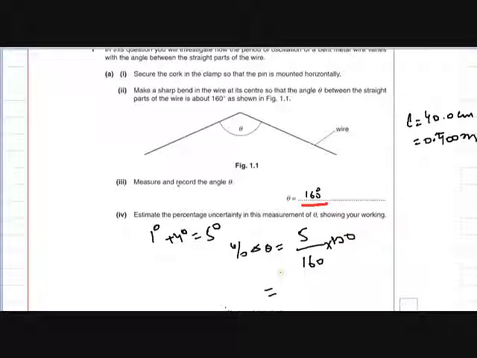You can calculate 5 into 100 divided by 160. It is 3.125, so I can just write 3.1.